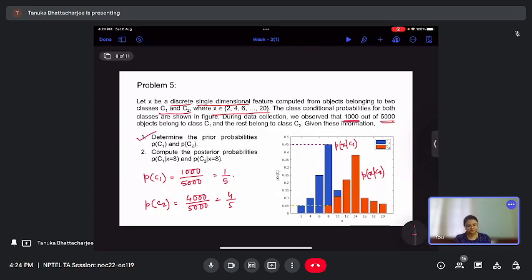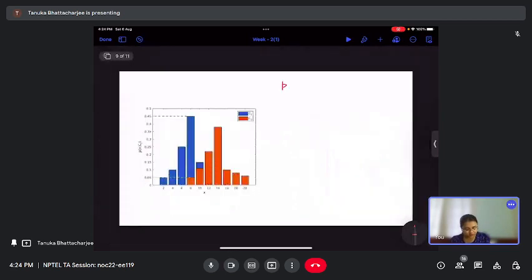So, first let us go with the posterior probability of class C1 given x equal to 8. You can write this as probability of x equal to 8 given C1 into probability of C1 by probability of x equal to 8.